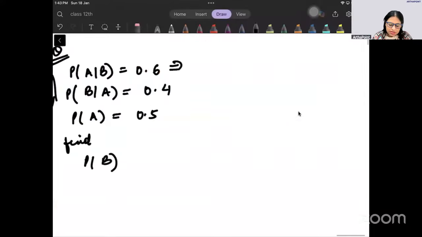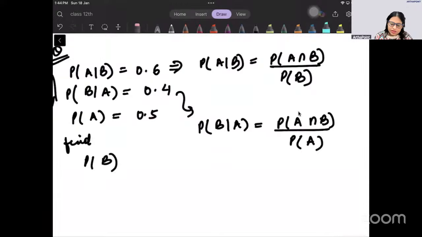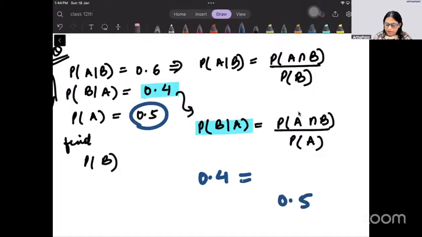So this means that probability A given B is probability A intersection B upon probability of B. And this means probability B given A is probability A intersection B upon probability of A. Now this is given to me as 0.4 and this is given to me as 0.5.